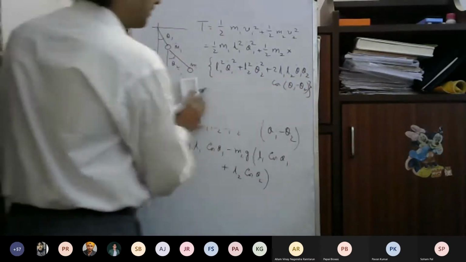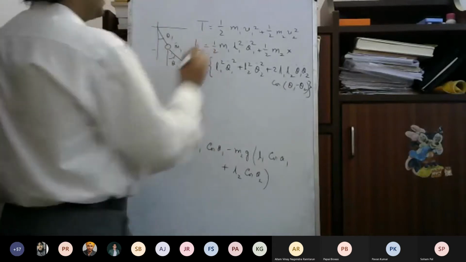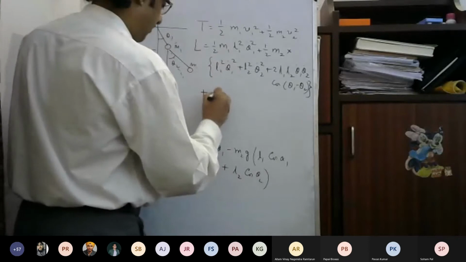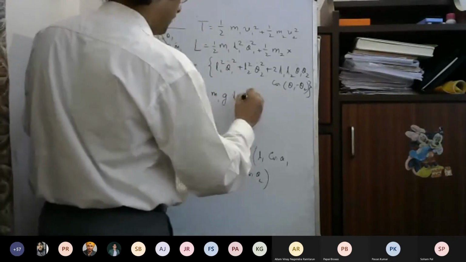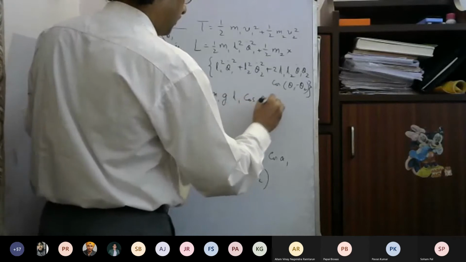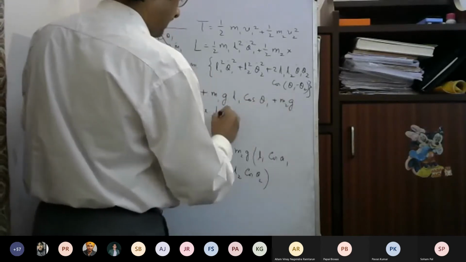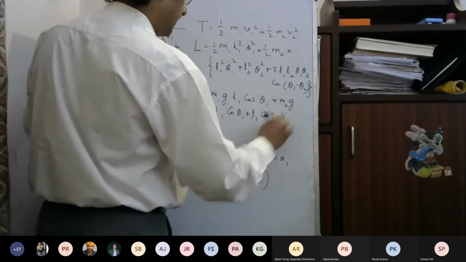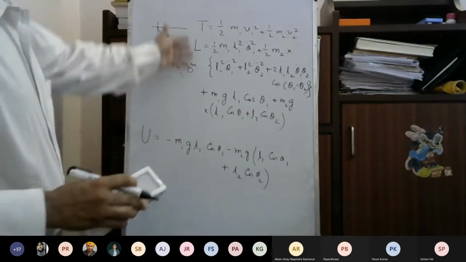So the Lagrangian will be T, the kinetic energy, minus the potential energy, plus M1 g L1 cosine theta 1 plus M2 g times L1 cosine theta 1 plus L2 cosine theta 2, right? So this will be our Lagrangian.